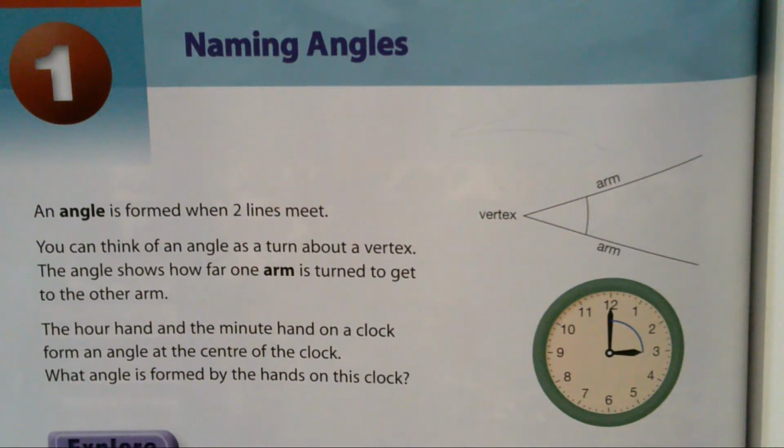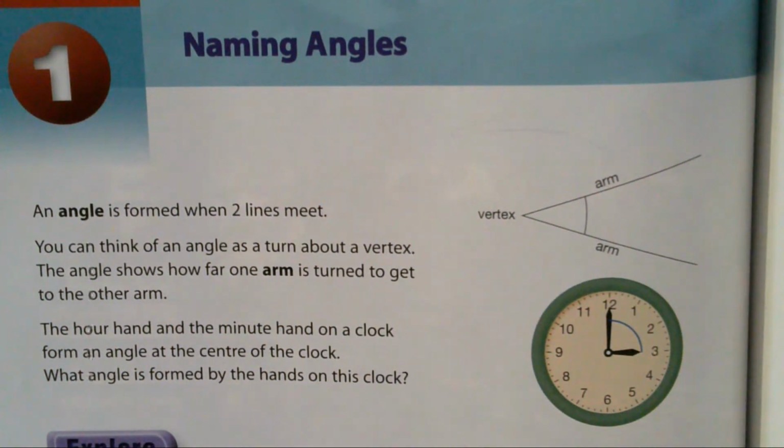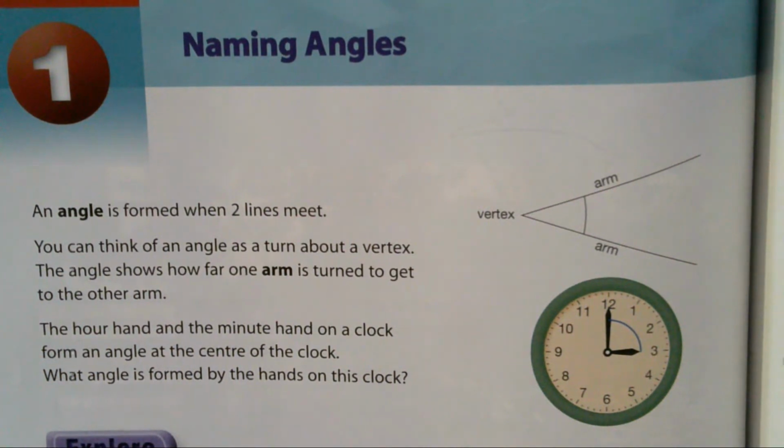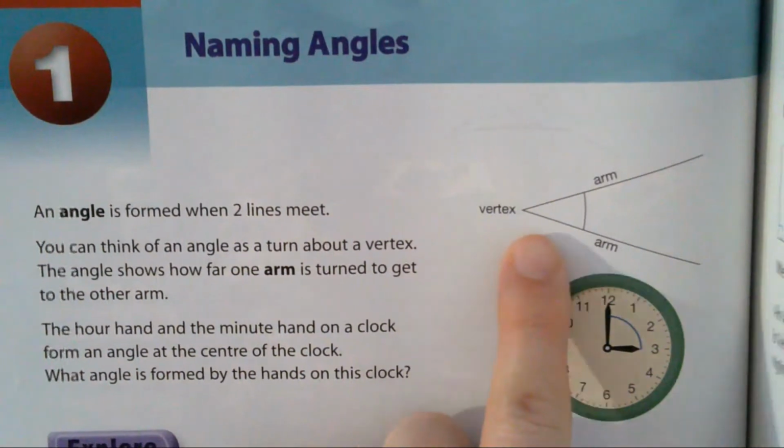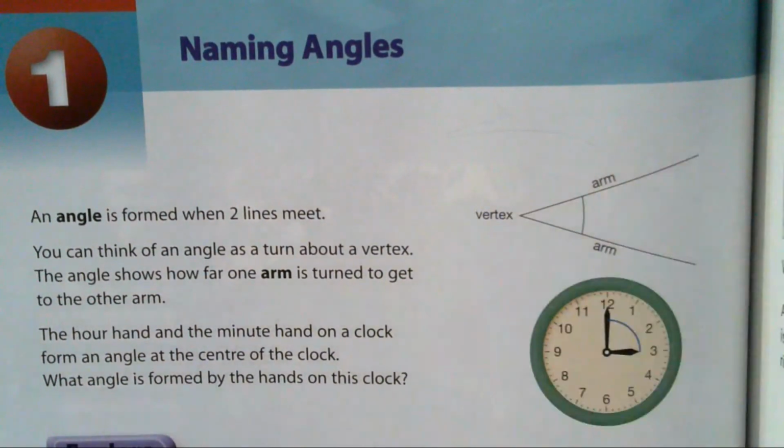But as an introductory lesson, I would like to look at this, and it says naming angles. This is right from the textbook, and it says an angle is formed when two lines meet. So if we look here at this angle, we see it says arm, arm, and vertex.